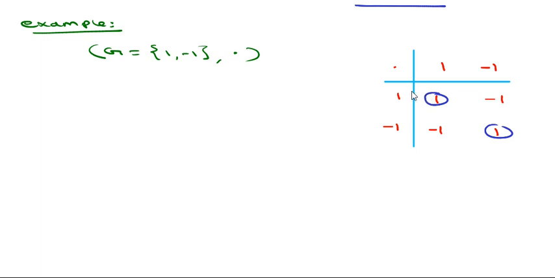To find the inverse, we draw the horizontal line from each row such that the line meets the identity element, then draw the vertical line. This means that inverse of 1 is 1. This is a shortcut to find the inverse of an element. Similarly, draw the horizontal line starting from minus 1 such that the line meets the identity element, and draw the vertical line.